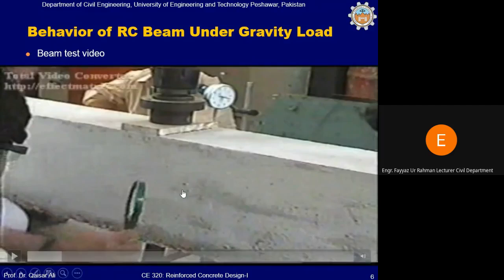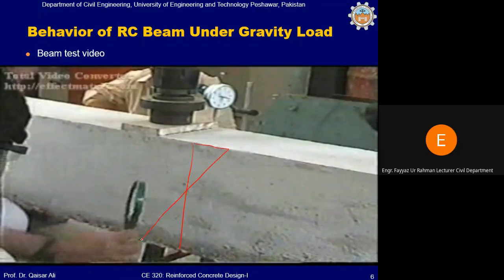As we apply the loading on the beam, you know that for this beam there will be compressive stresses in the top and tensile stresses in the bottom. This you know from mechanics.